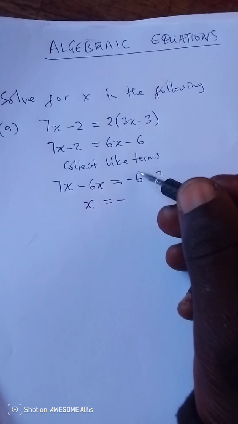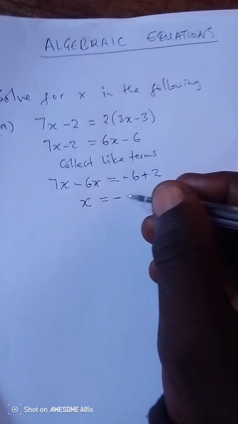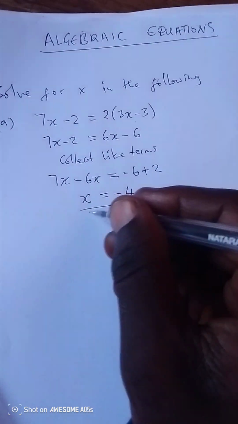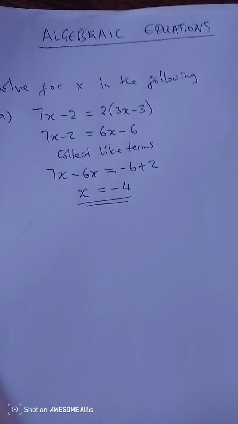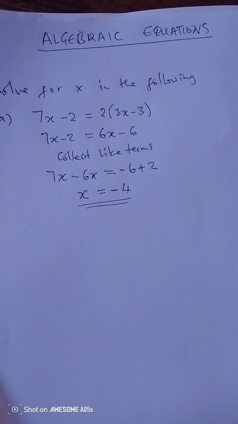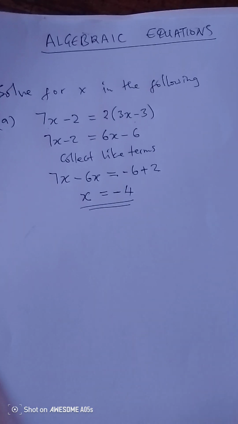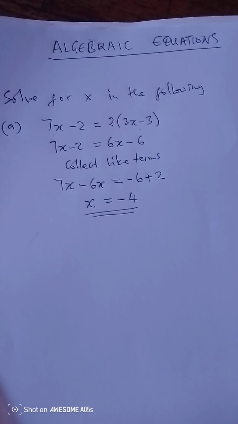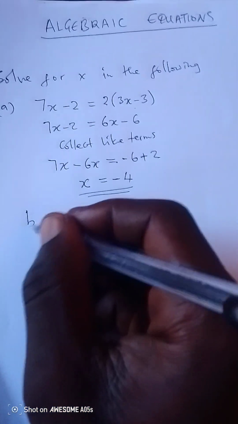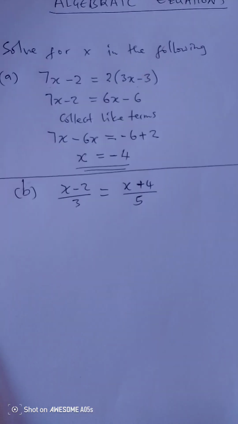So you will say 6 subtract 2, we are getting 4. And that is how we are finding the answer for x in this one as negative 4. So let's look at the next question, which is B.